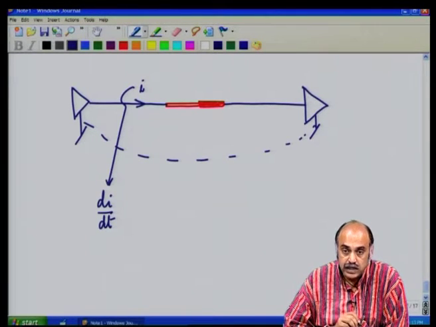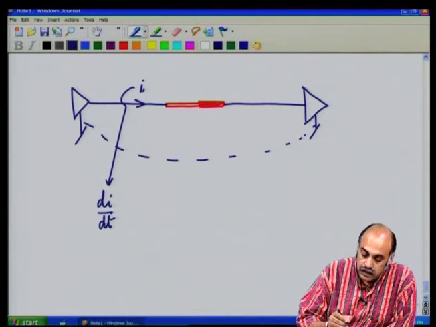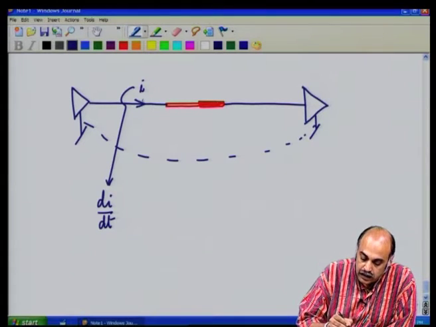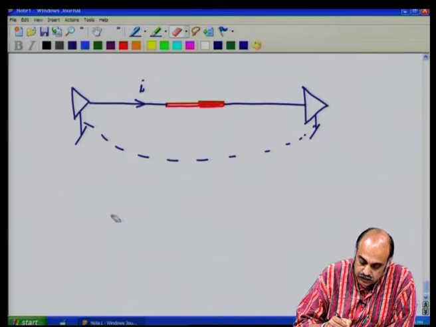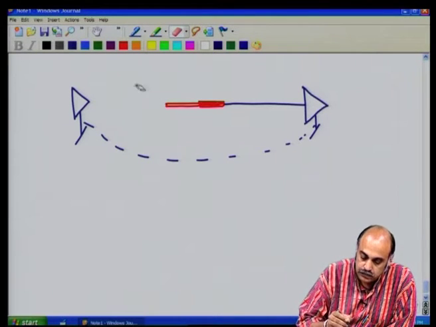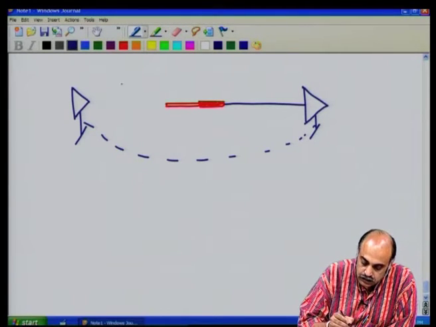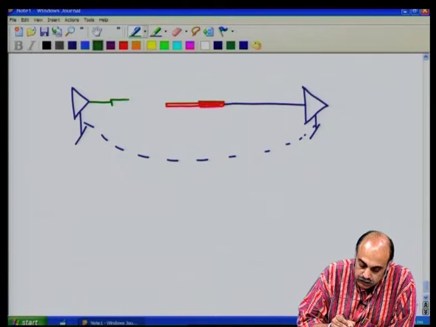So, if you do not need such a high rise time, then one way is to put an RC in series with the circuit in this fashion. Let us say what you are going to put here is something like this.